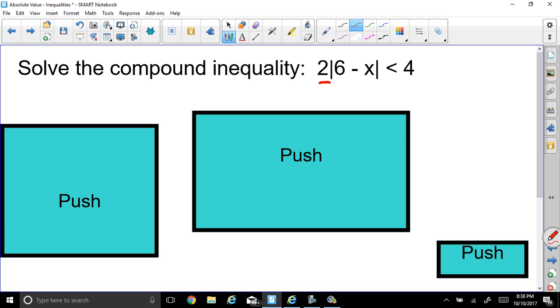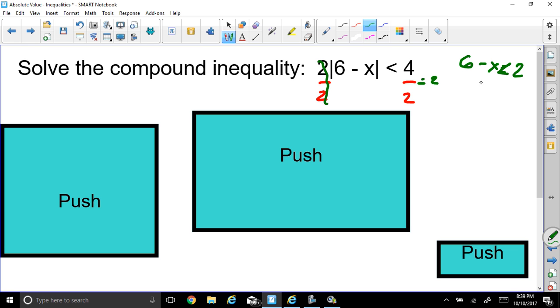The 2's cancel out, leaving us with the absolute value of 6 minus x, and 4 divided by 2 is 2. And we have 6 minus x less than 2.